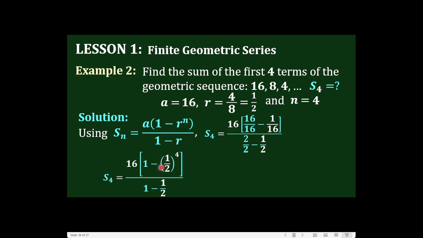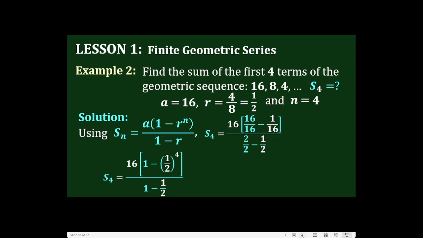But first, we have to evaluate 1 half quantity to the fourth, and that is actually 1 over 16. And from here, we can transform 1 to 16 over 16. So basically, we look for the LCD, making the two terms fractions of the same denominator. Likewise, in the denominator, 1 being subtracted by 1 half, we make the two terms similar fractions, so that's the reason why 1 becomes 2 over 2.